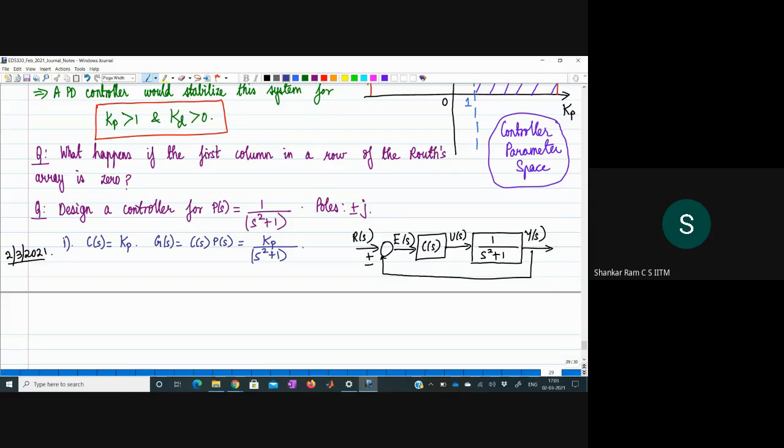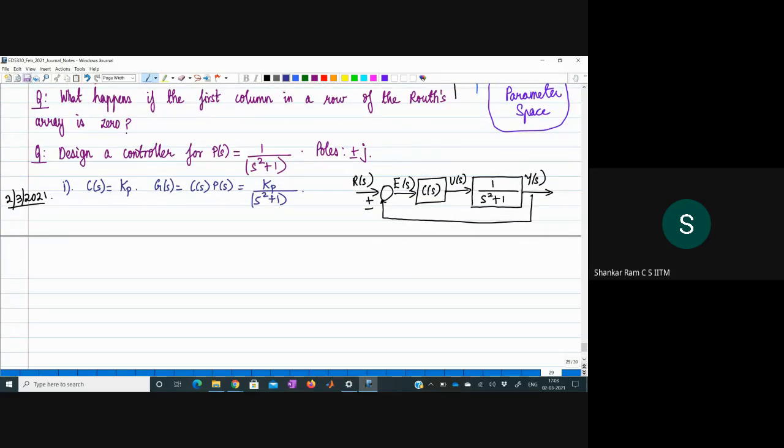Given this, we want to get the closed-loop transfer function, y of s divided by r of s. That is going to be equal to G of s divided by 1 plus G of s.